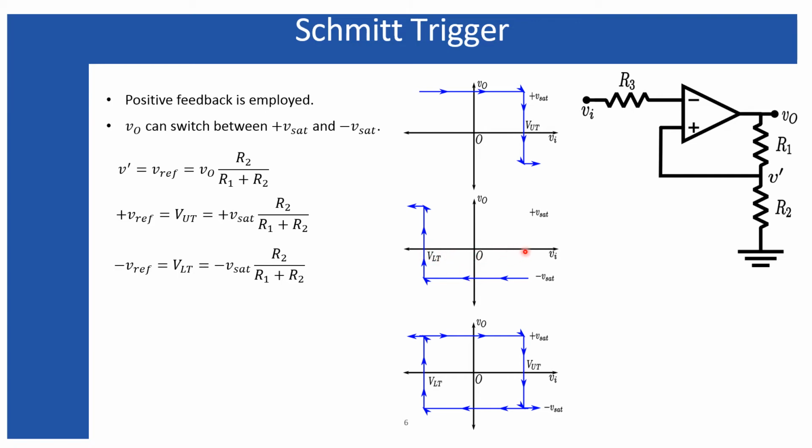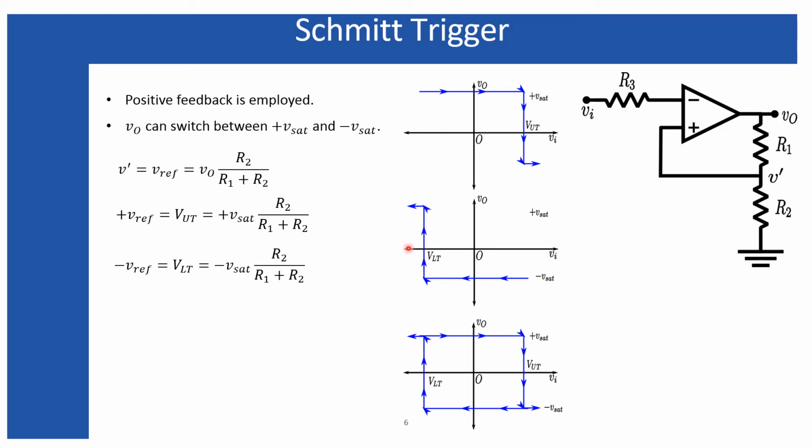Therefore Vi has to be less than the lower threshold voltage to bring the output voltage up to plus Vsat. That is why only when the input voltage becomes less than the lower threshold voltage does the output switch up to plus Vsat.